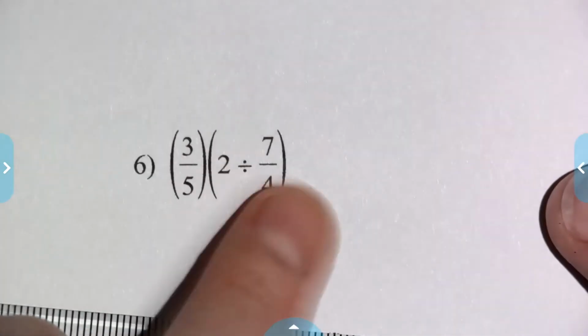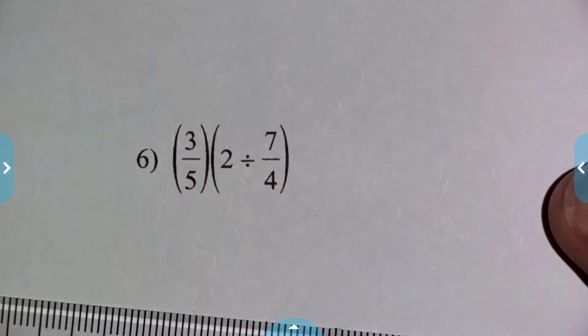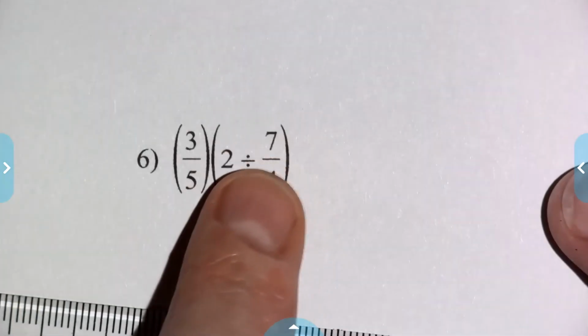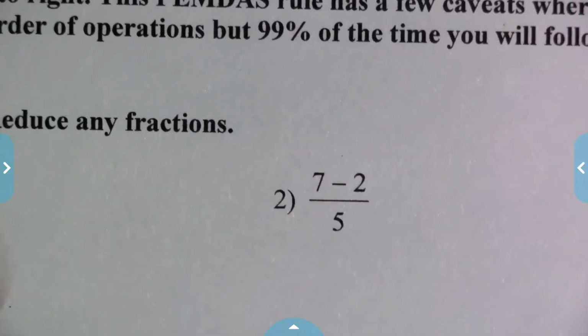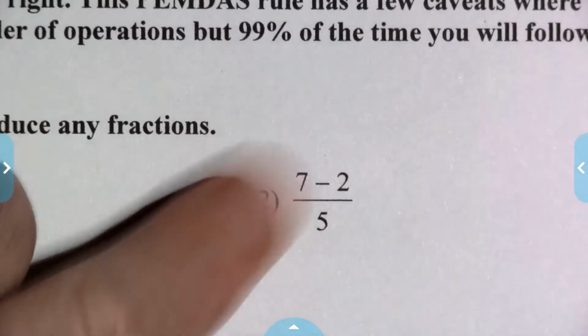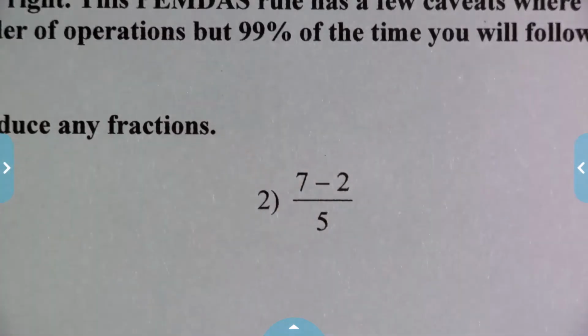For example, down here, these parentheses, that's a grouping symbol. So you want to work the internal part of the parentheses before proceeding. And then at other times it's not so obvious, like here in number 2, there's no parentheses, but we want to work the numerator first and then see what we've got in terms of a fraction.